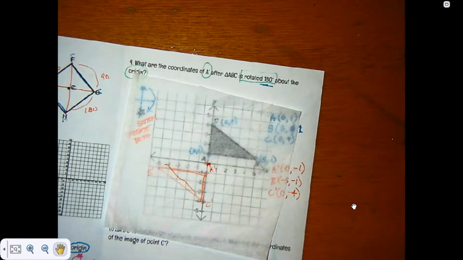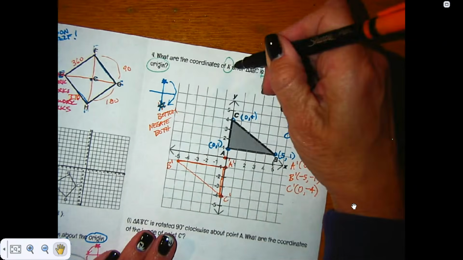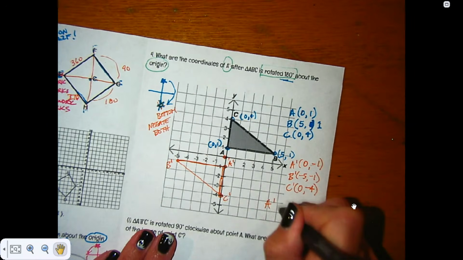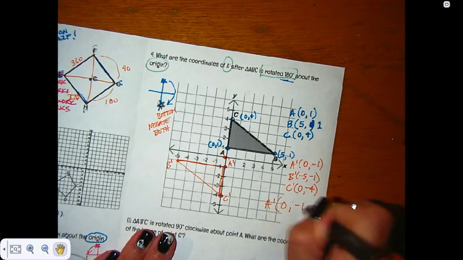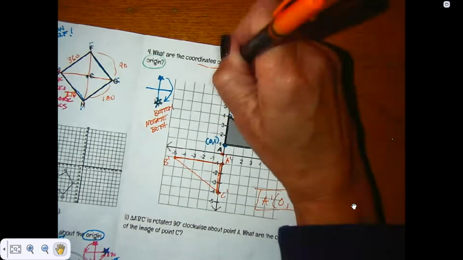It sure would. So you can go ahead and trace and check if you'd like to, but it works out fine. Okay, what is A prime? So to answer the question, we would say that A prime is 0, -1. And that is the answer to the question, the coordinates of A prime.